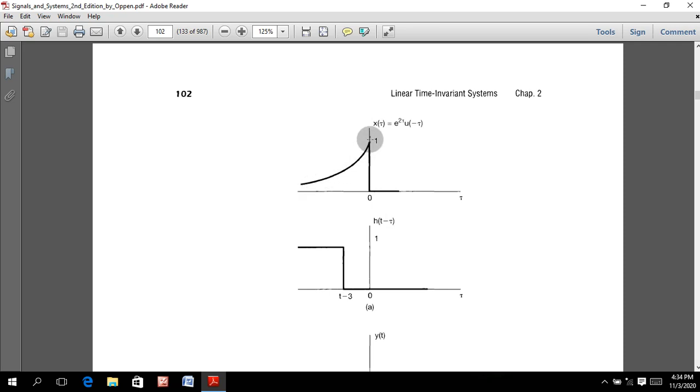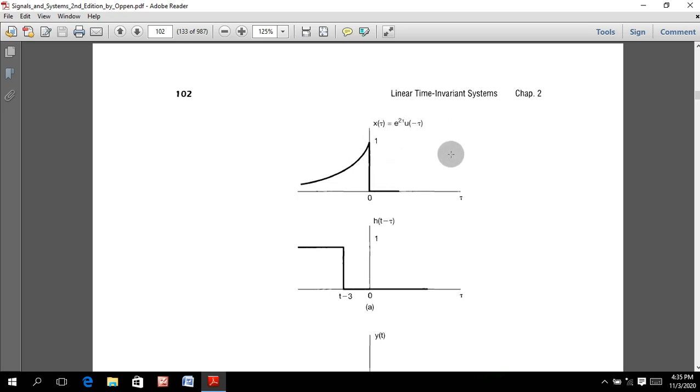Okay, why? Now put the value 1 in place of t. What will we find? u of minus 1, u of minus 2, u of minus 3, u of minus 4. So for any value where t is greater than 0, we will find 0, right?